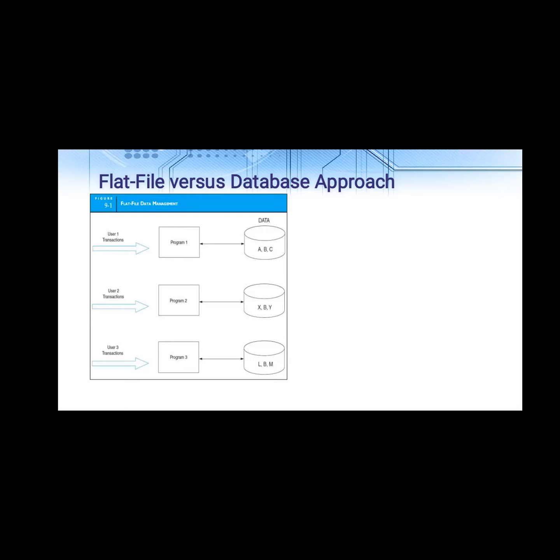So makikita natin dito na si user 1, sarili niyang application si program 1. Dito din natin makikita na every user, sila lang yung may access sa data nila. So hindi pwedeng ma-access ni user 2 and ni user 3 yung data ni user 1, which is the data A, B, and C. Ganon din naman yung sa data ni user 2, hindi din siya pwedeng i-access ni user 1 and ni user 3.